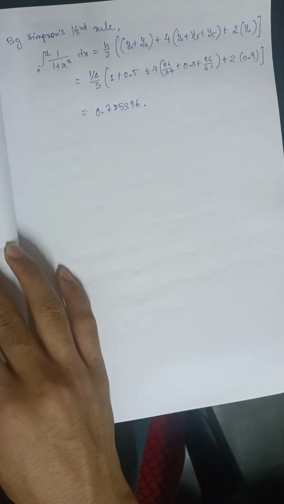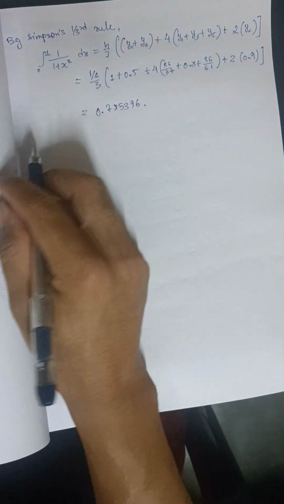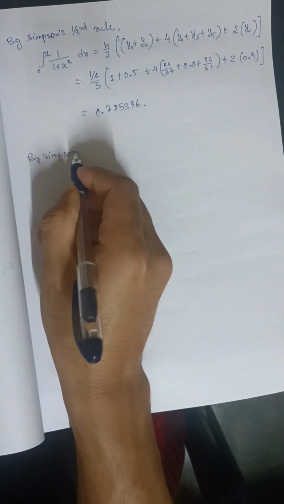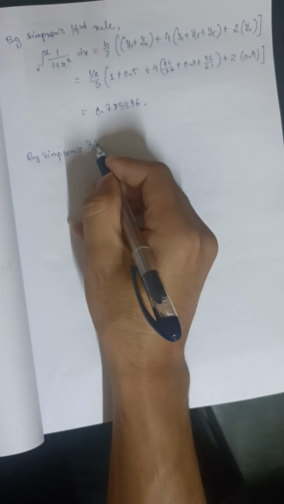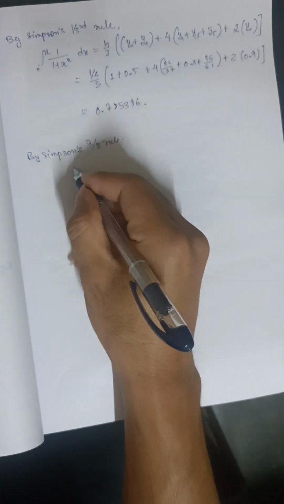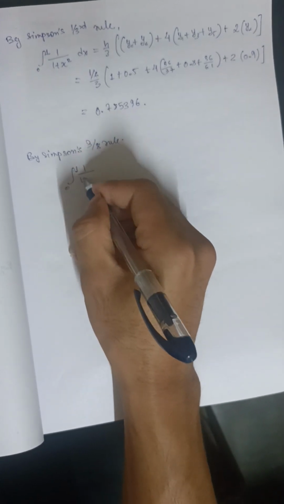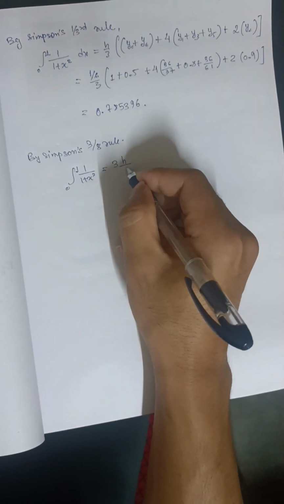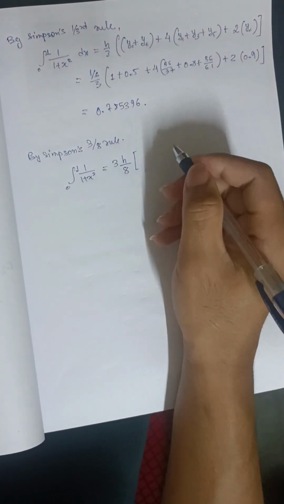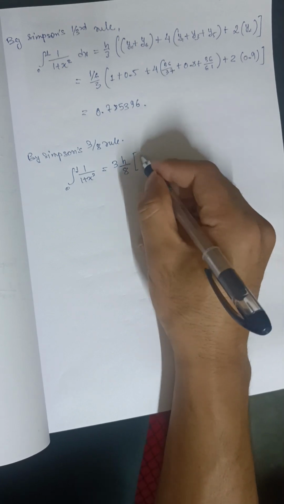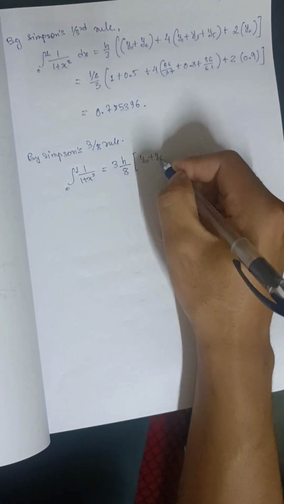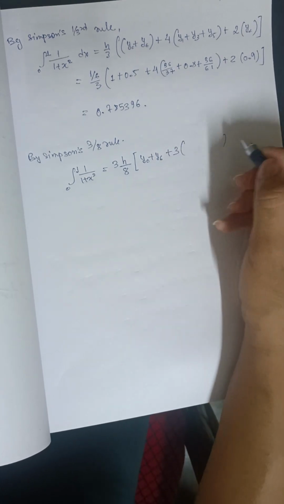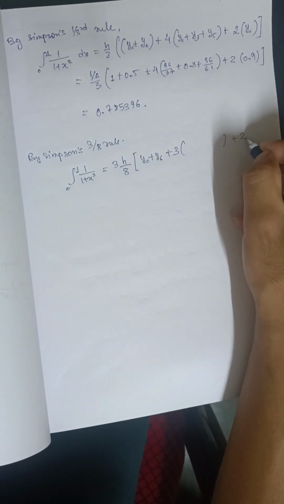Now the last formula, that is Simpson's 3 by 8 rule. We get it as 3 times h by 8, the first term and the last term, that is y0 plus y6, plus 3 times some terms, let's leave that for now, and then 2 times the multiple of 3.